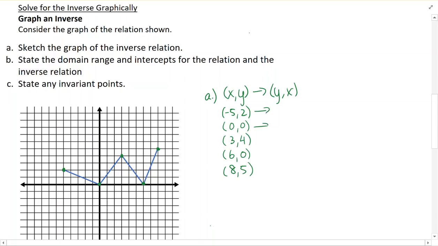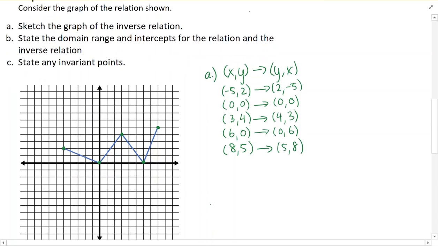Okay. So for the inverse, we just need to flip the numbers around. So instead of -5, 2, it's just 2, -5. 0, 0, nothing changed there. So now it's going to be 4, 3, 0, 6, 5, 8. So now we have our points. Let's put them on the graph.